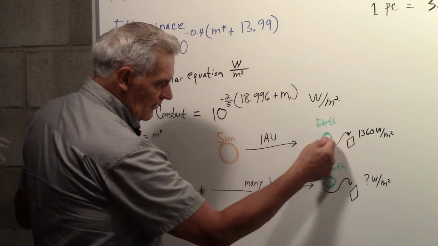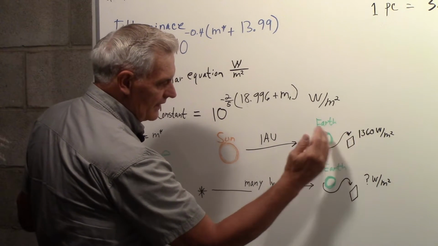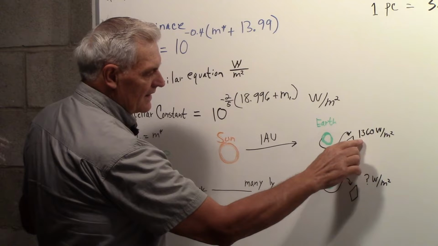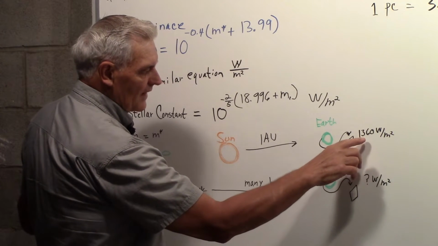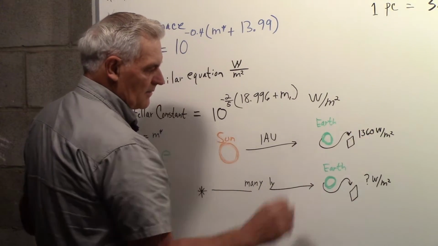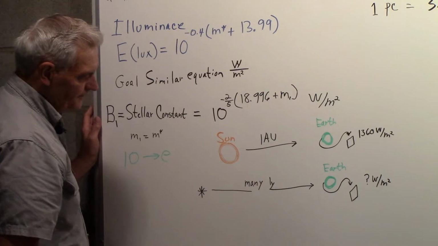So here we are looking at the sun. We're orthogonal to the sun. We have 1 square meter orthogonal to the sun. And the amount of power coming through that square meter would be 1,360 watts per square meter. We'll look at how we get that number in a second.